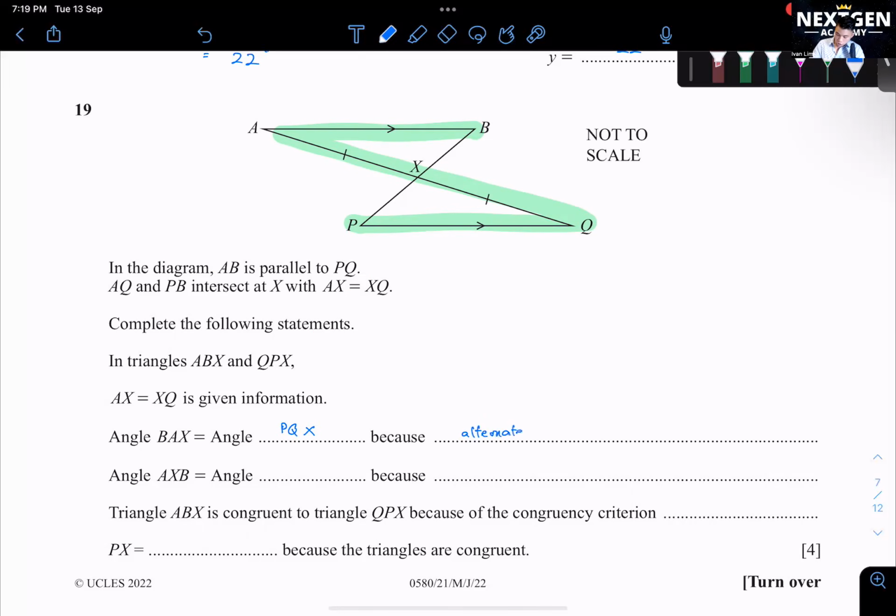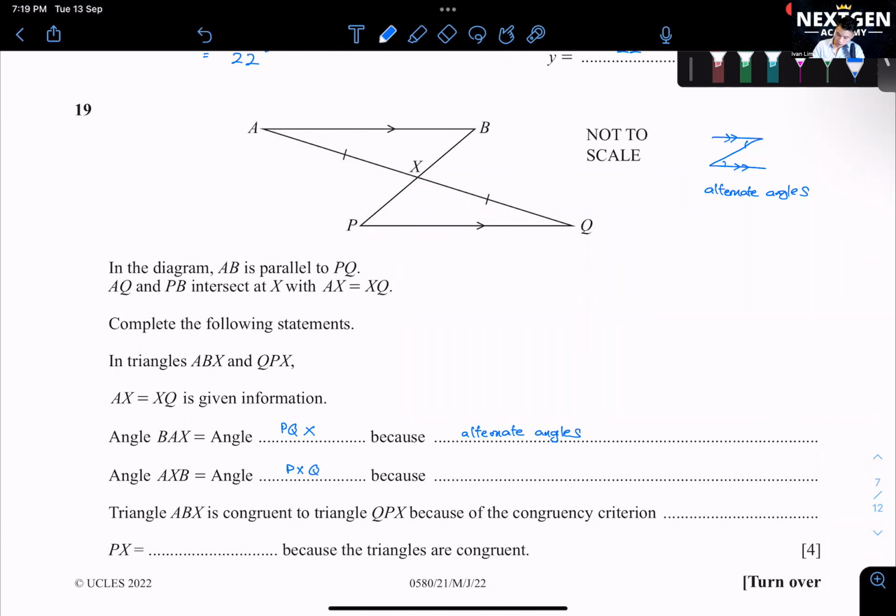You all should know what these names are. Alternate angles means your Z shape, like that. This is called alternate angles. Then angle AXB equals what? AXB is equal to PXQ. What's the name for this?